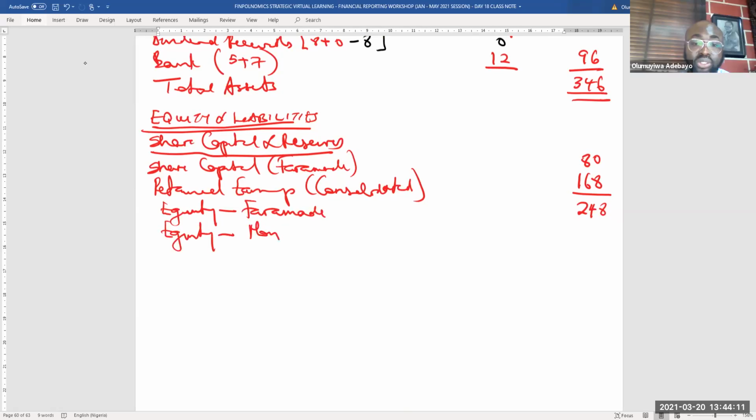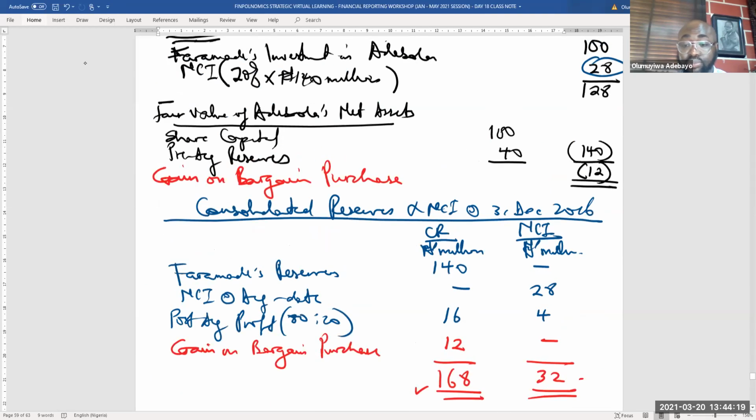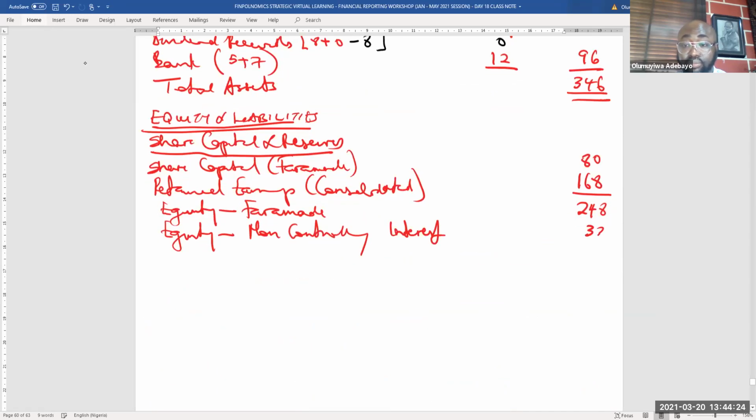Equity attributable to non-controlling interest. That is 32. That should give us 280, our total equity.